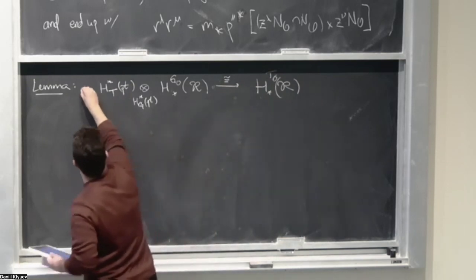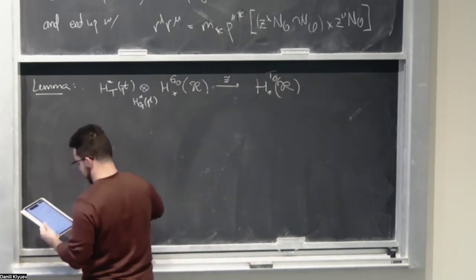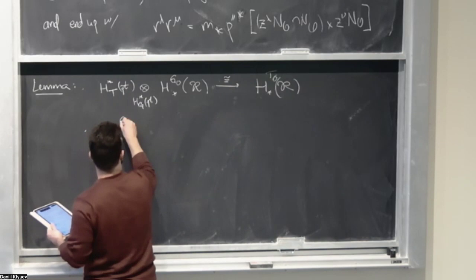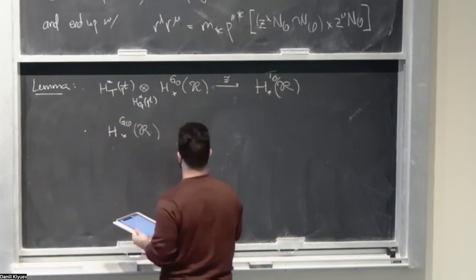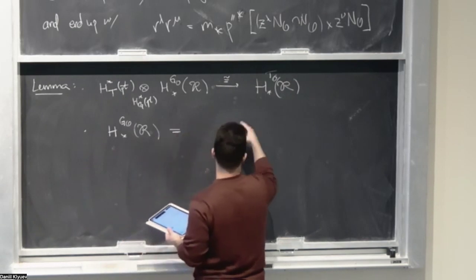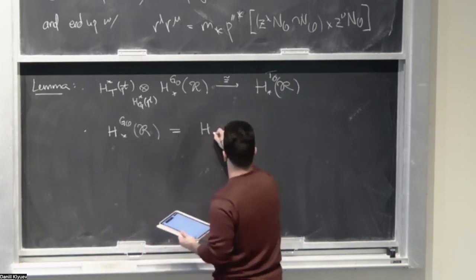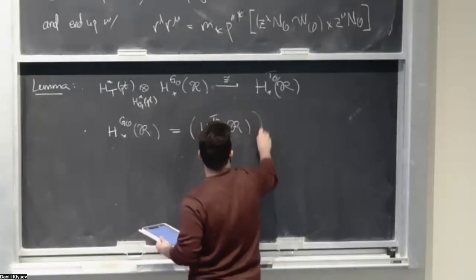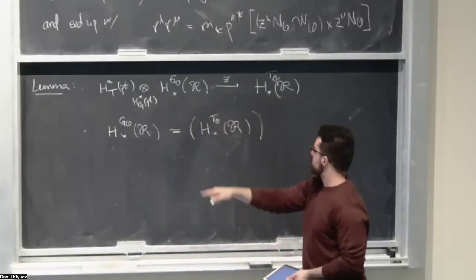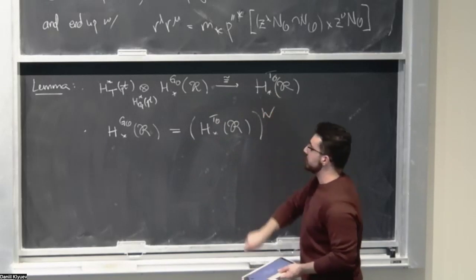Maybe that's 0.1, and 0.2 is that without tensoring. You take this thing, on it acts the Weil group, and the invariant, sorry.